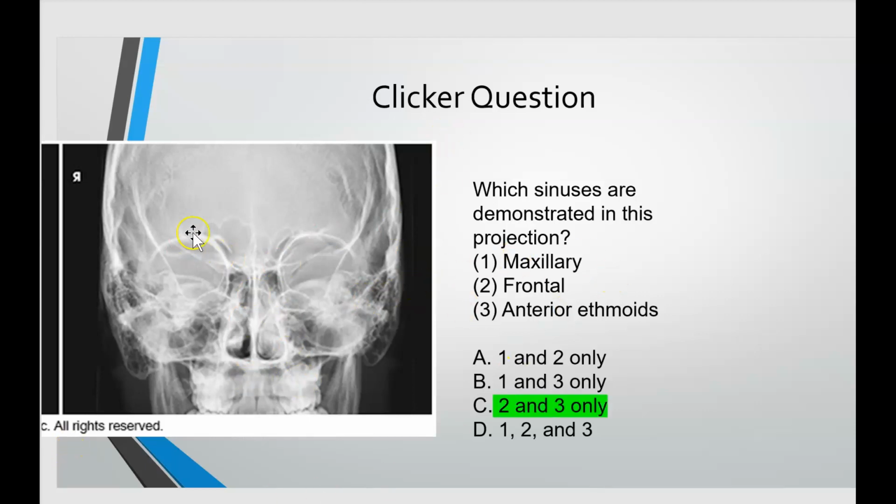Okay, the answer is for the frontal sinuses and your anterior ethmoids right here. Now this does show your maxillary, but it's through your petrous pyramids here, so it's not ideal, and it's not an image that we would do to show maxillary sinuses. So the answer is frontal and anterior ethmoids.